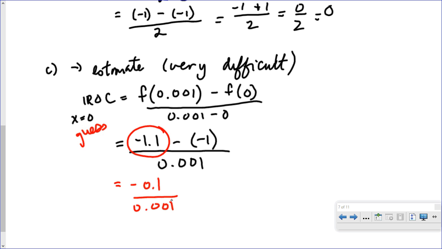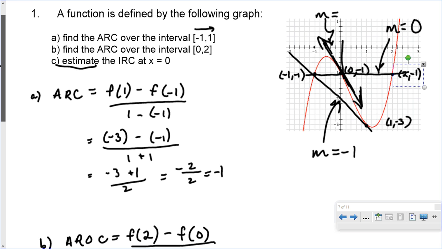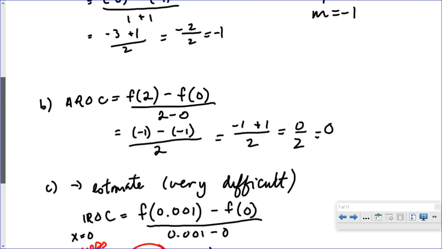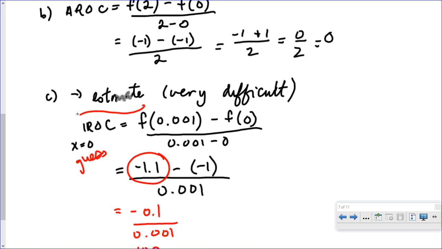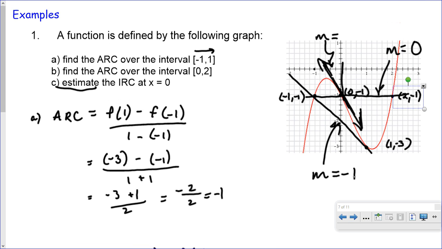And that's going to be a pretty large negative number. Negative 0.1 divided by 0.001 is like negative 100. Ooh, steep. I don't think it's negative 100, but certainly it's a steep negative tangent line. The slope of that tangent line is a steep negative number here. All we can do is estimate, especially when we have to read a graph. We have an idea of what it looks like though.